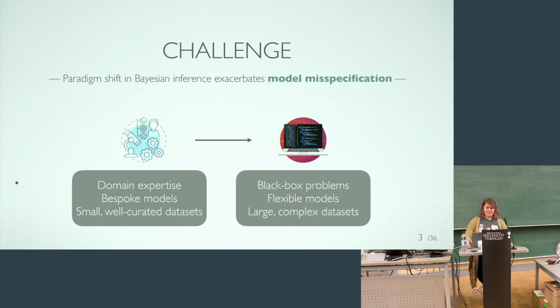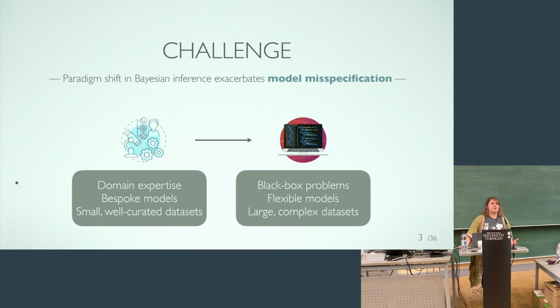Bayesian inference was originally motivated in the context of experimental science, where there was a lot of domain expertise, and people tend to develop bespoke models, crafted likelihoods, and priors that are very much specific to the problem, and also relied on small and well-curated data sets.